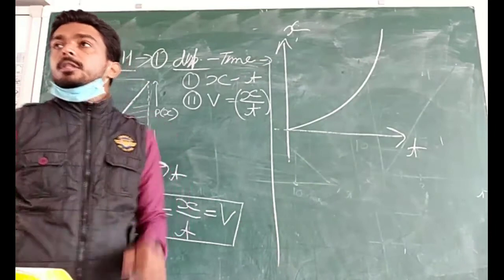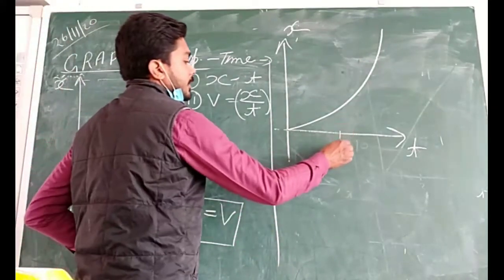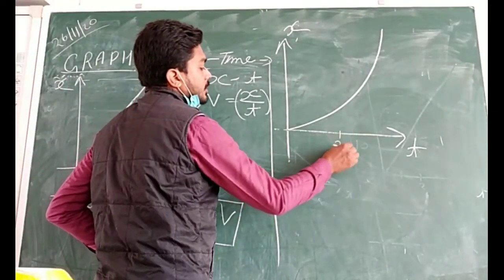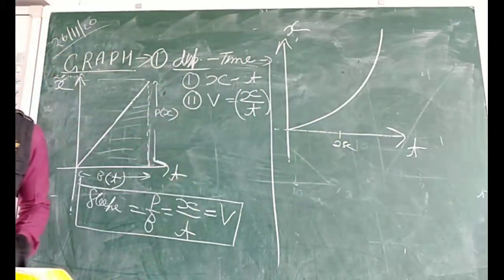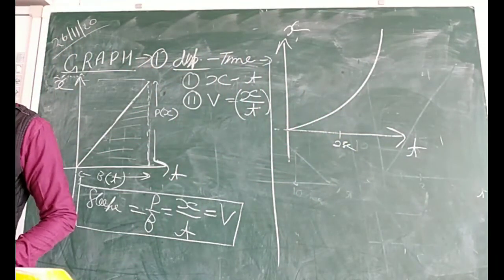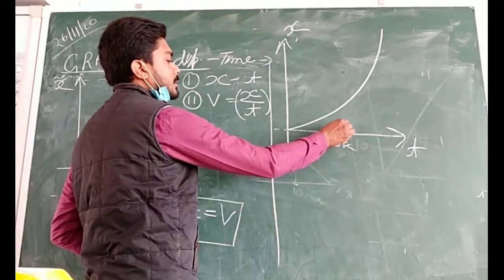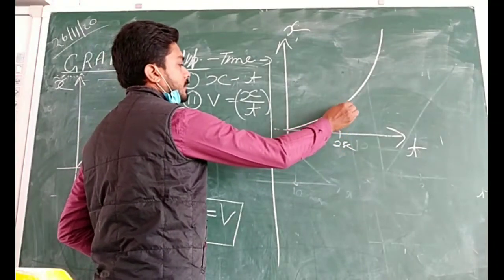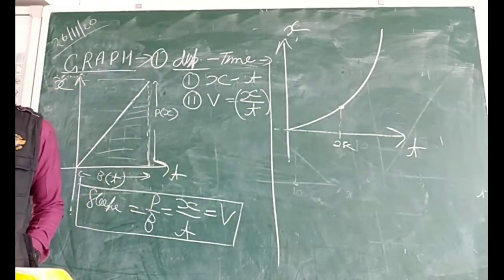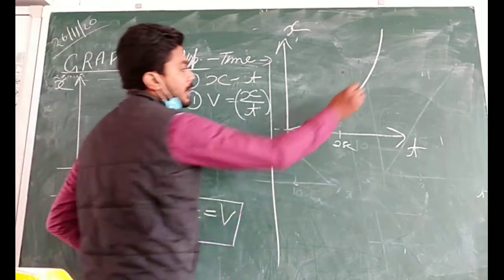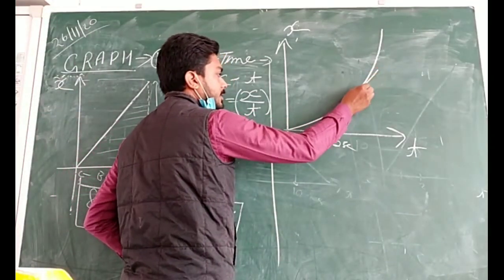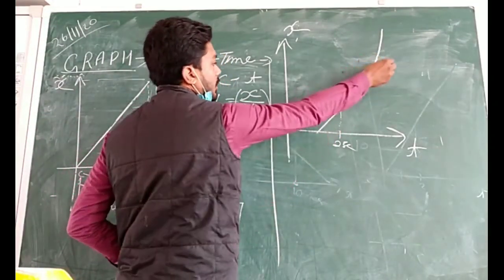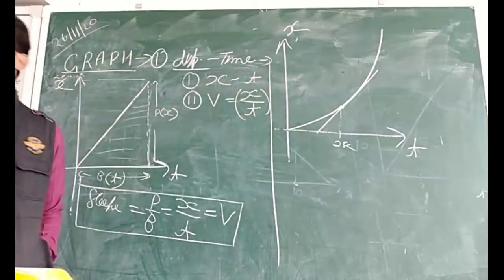Suppose you want to find the velocity at time 2 seconds. Then join this 2 seconds to the graph, and after joining, draw a line which touches this point.